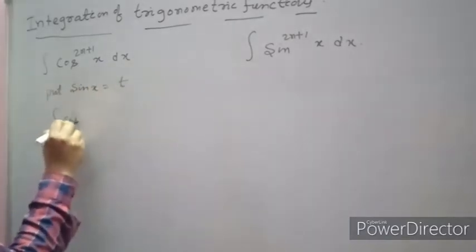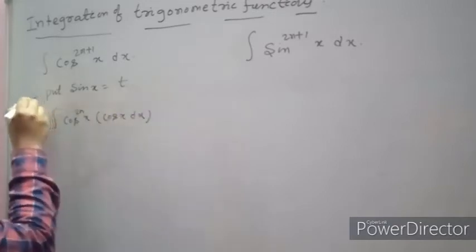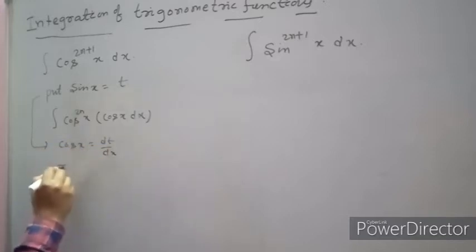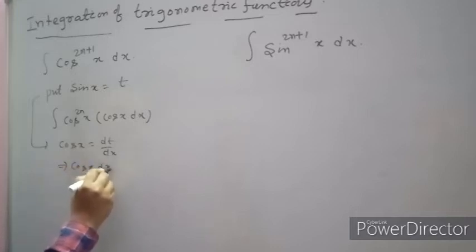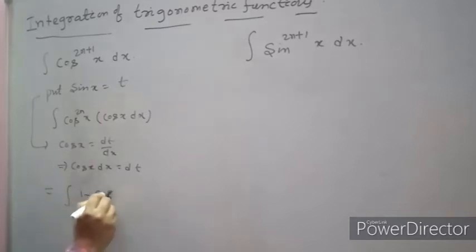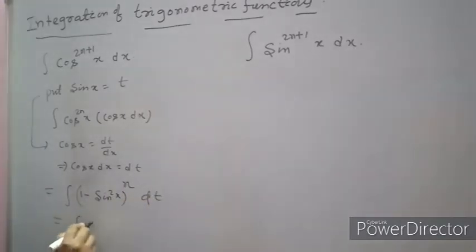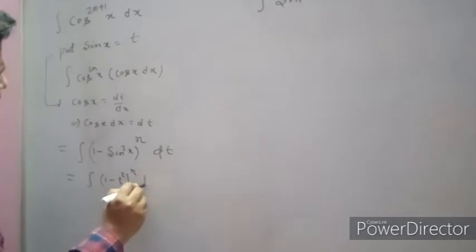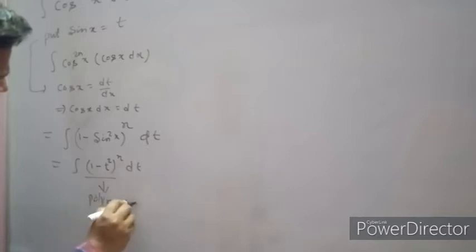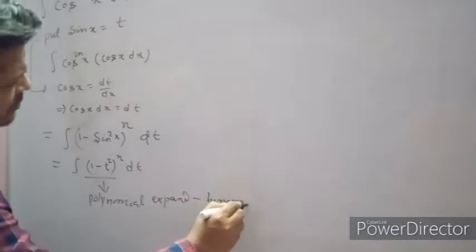So that is converted into integration cos 2n x cos x dx. If you put sin x equal to t, cos x would be dt by dx, or you will get cos x dx is dt. So what you would get? Integration (1 minus sin square x) to the power n, cos x dx is dt. So this is integration (1 minus t squared) to the power n dt. Now this is a polynomial. You can expand using binomial theorem and you solve it.